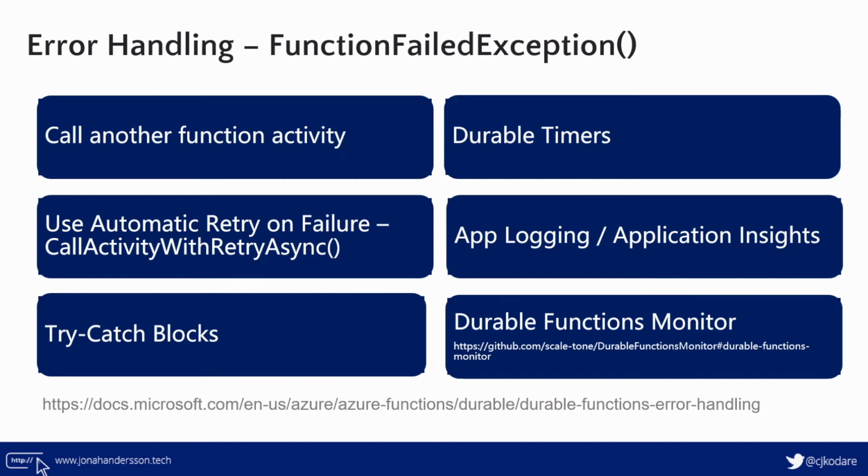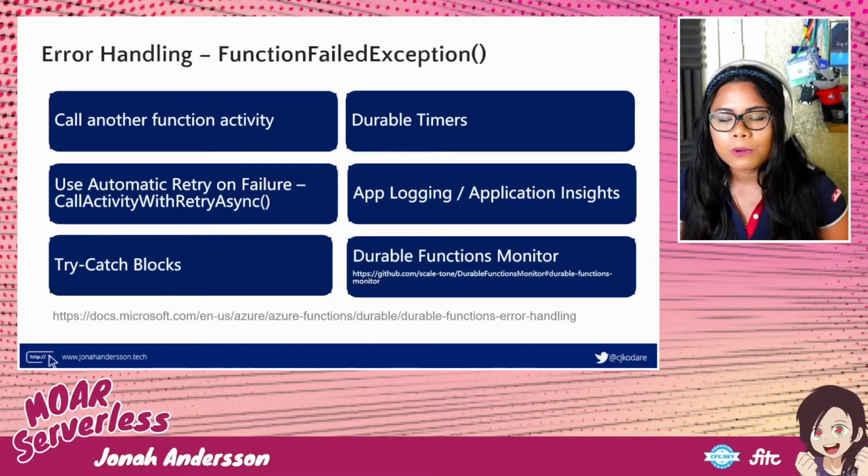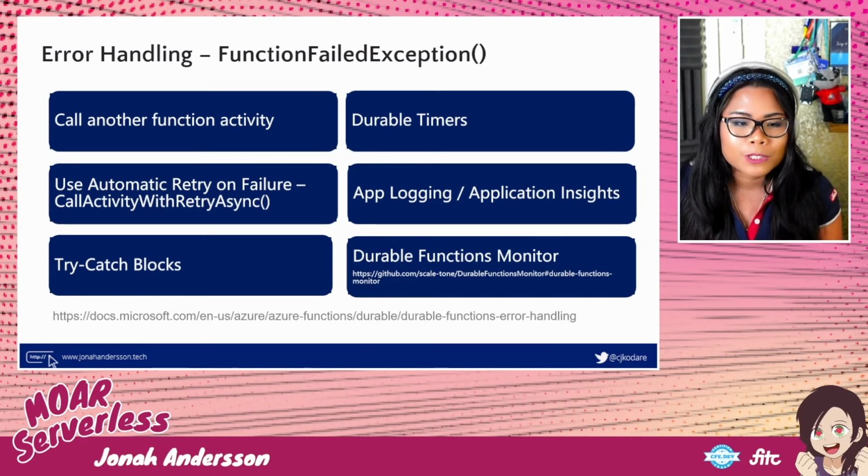If an activity fails, you can use the feature called call activity async with retry, where you can set your own configuration for how often it will retry and what it will do when it retries. And of course, the typical try-catch block that we use in our code to prevent errors from breaking our applications. And then there's also Durable Functions Monitor.